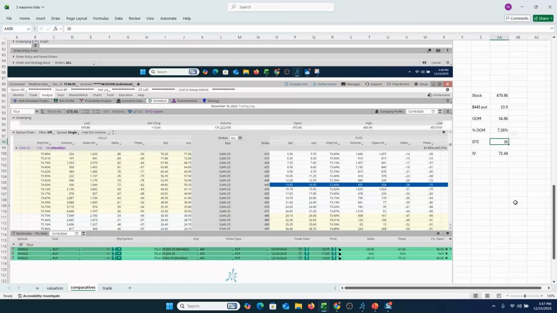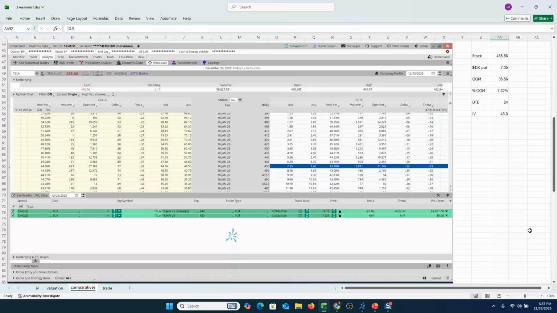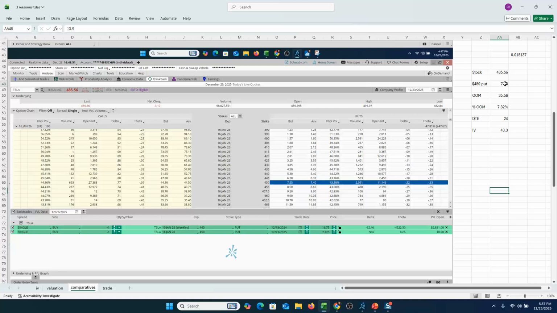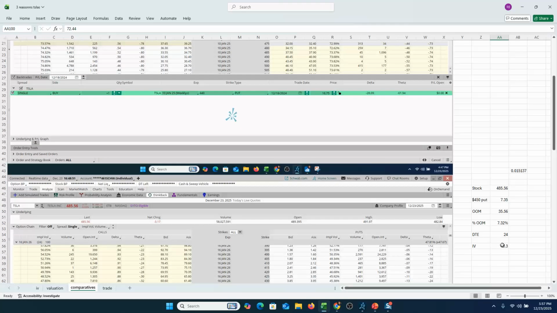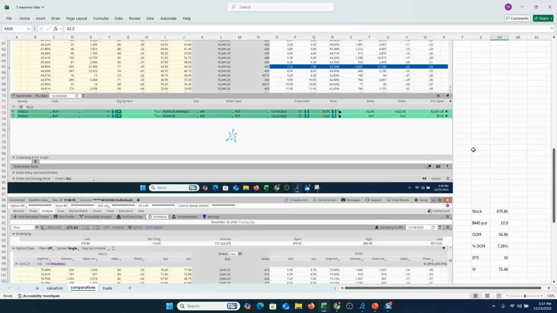You'd expect, everything being equal, that with less time the option should be cheaper, but lo and behold, it's almost double the price of the option today: $13.90 versus $7.35. Why? Because IV back then was over 70, now it's approaching 40. So that gives you an idea of why using implied volatility as a key component of your trade always makes sense.